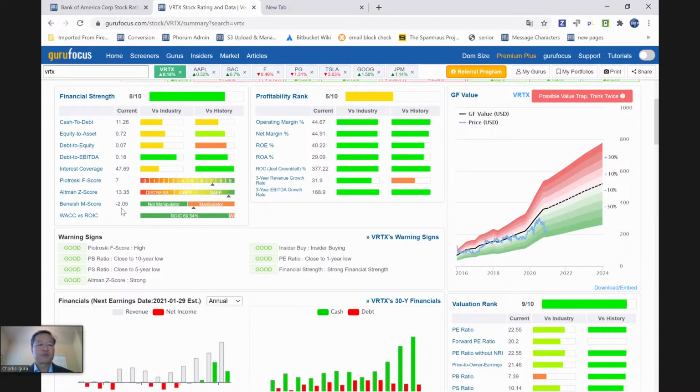It has a score of -2.05. The Beneish M-Score can be an indication of an accounting problem with the company. It's something to be cautious about, and that's why we give this warning here.